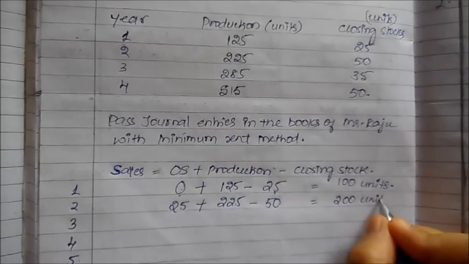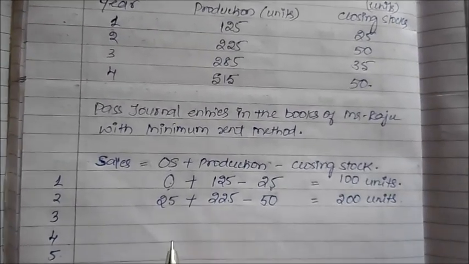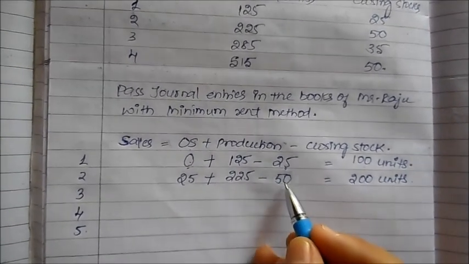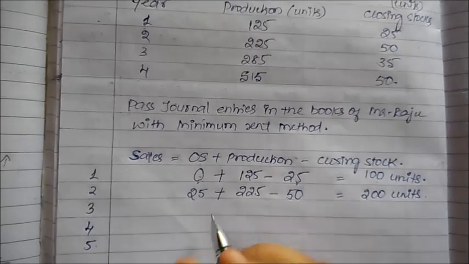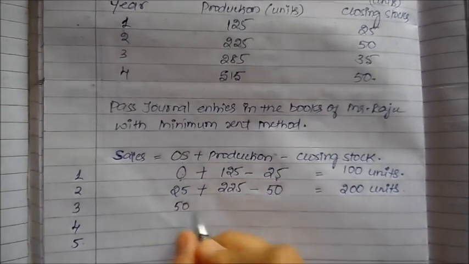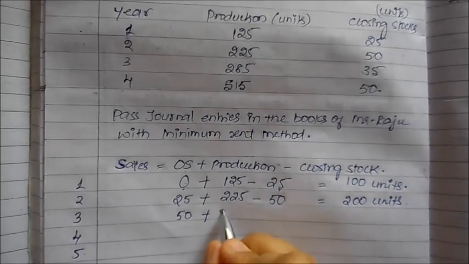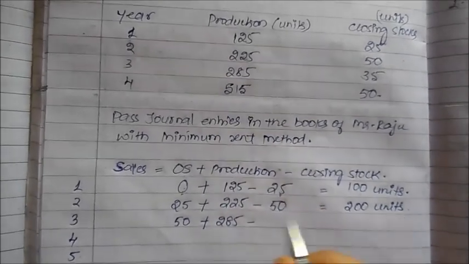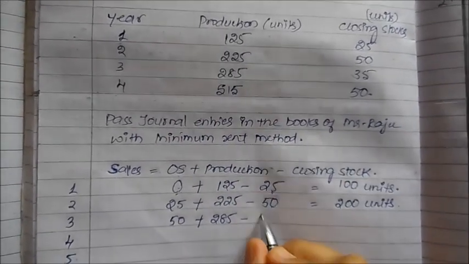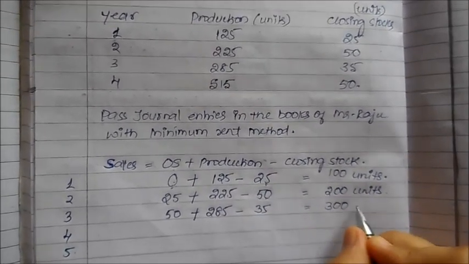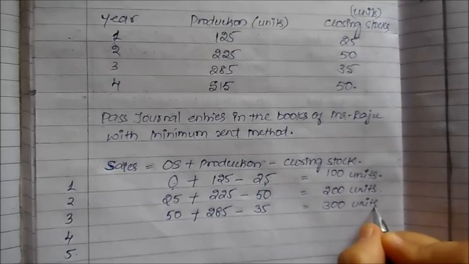So how many goods have you actually sold during the second year? It was 200 units. Now in the third year, again following the same pattern, last year's closing stock will become the current year's opening stock. So this will become 50 plus the third year production of 285, minus the units not sold, 35, which will give you 300 units of sales during the year.